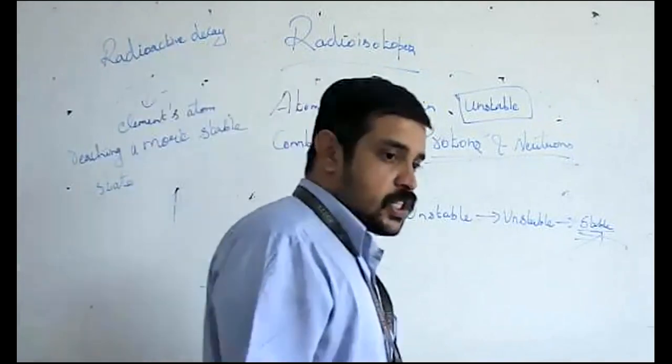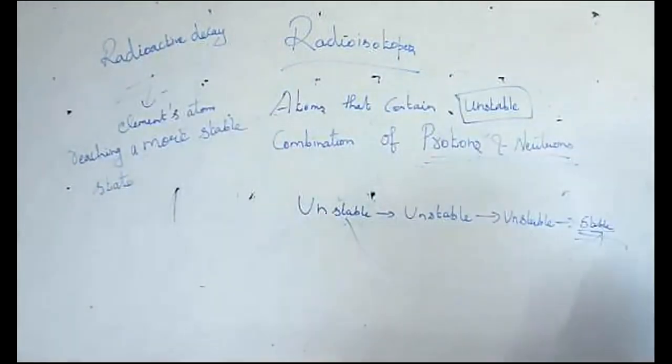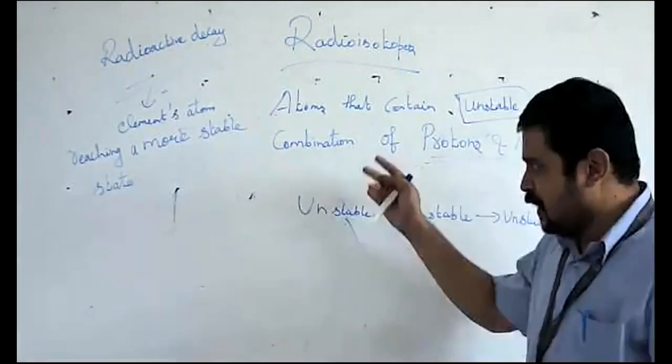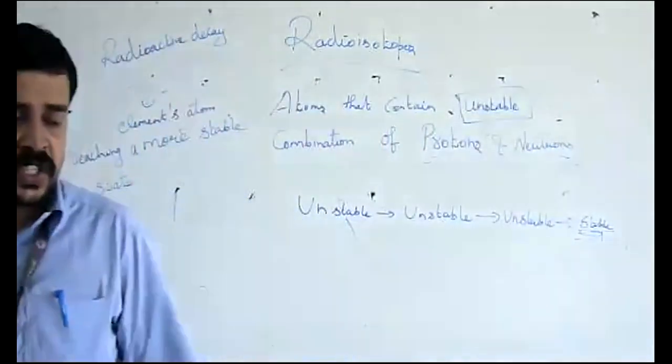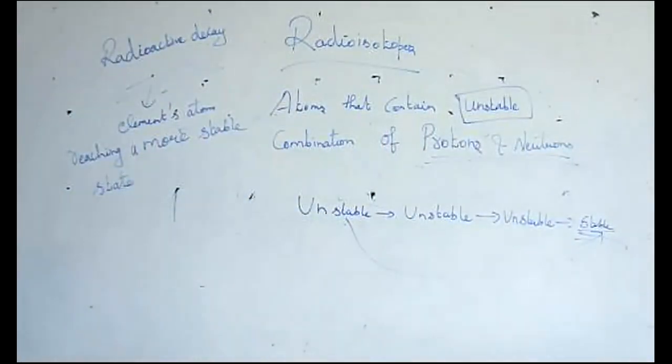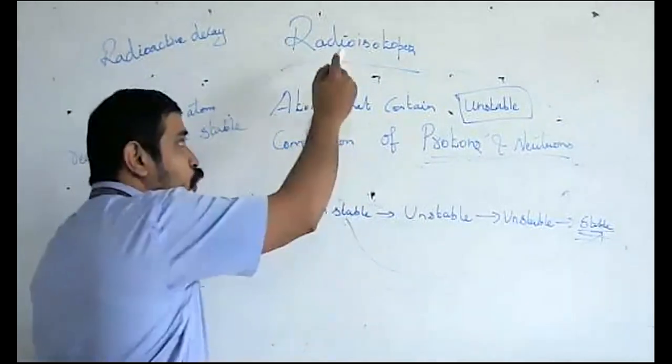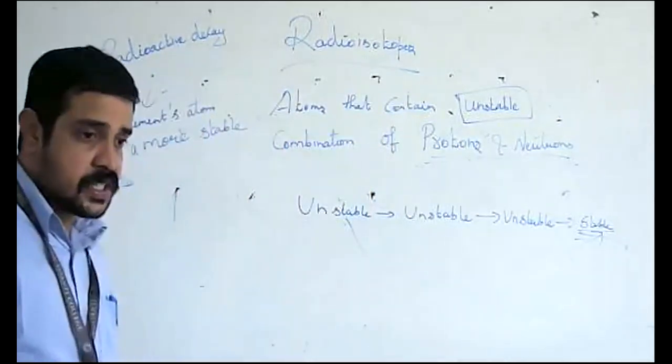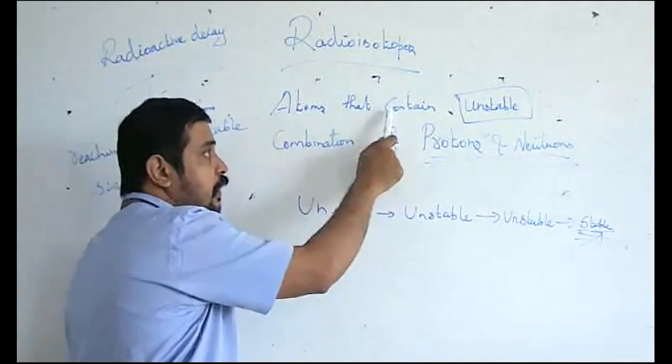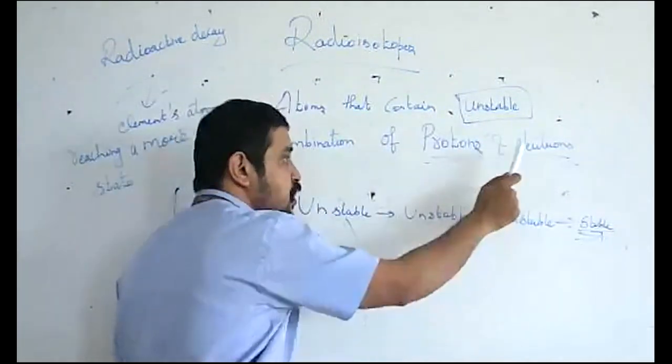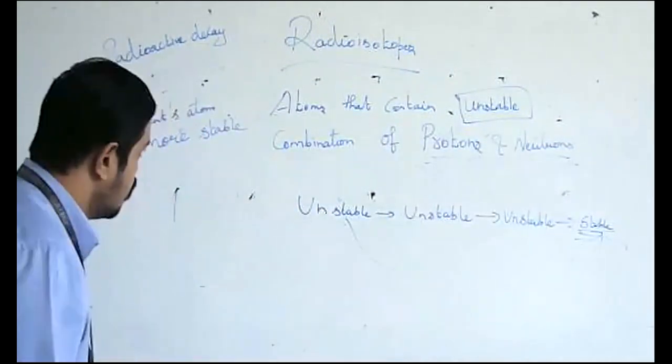That is called radioactive decay. These two are not too much different from each other, and I hope you can understand. So radioisotopes are defined as atoms that contain an unstable combination of protons and neutrons.